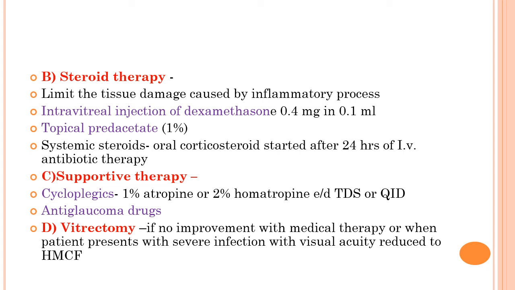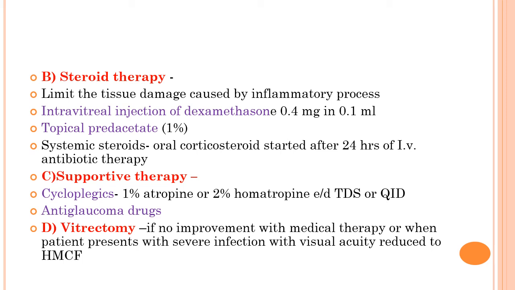The next mode of treatment is steroid therapy. Intravitreal injection of dexamethasone is also preferred in case of severe inflammatory conditions, as well as topical prednisolone 1%, followed by systemic steroids, oral corticosteroids 1 milligram per kg body weight, or IV for the first 24 hours.